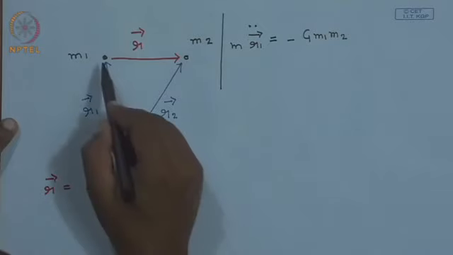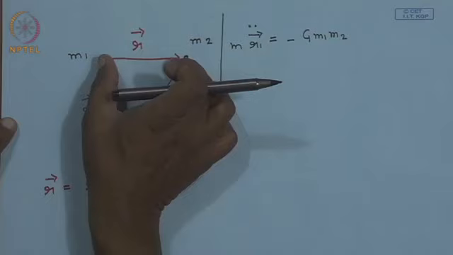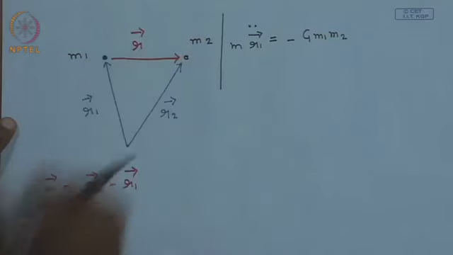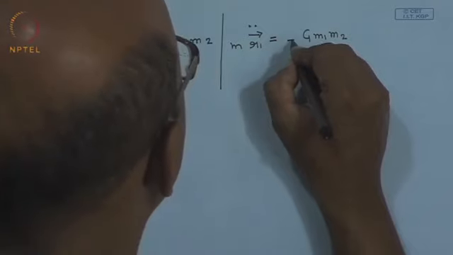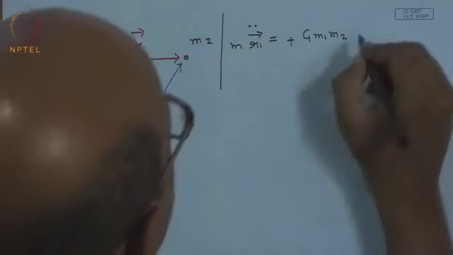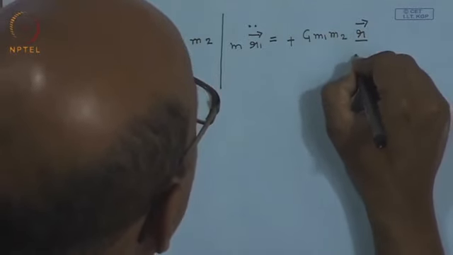So, the gravitational force is proportional to the product of the two masses and inversely proportional to the square of this distance, and it is pointed towards the second mass. So, there will be a plus sign here, and it will be r by r cube.